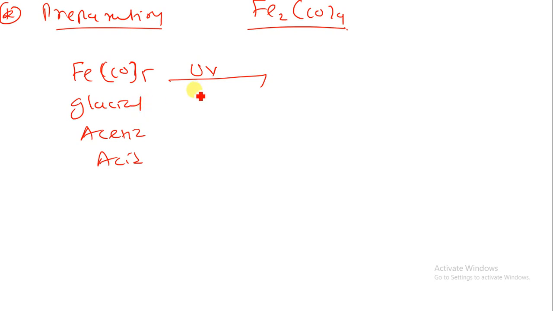Now when it is irradiated under UV light, what will happen? This Fe(CO)5 will dimerize and produce Fe2(CO)9 by the removal of one CO. Here I am having 10 CO, so I have to put 2 Fe(CO)5.